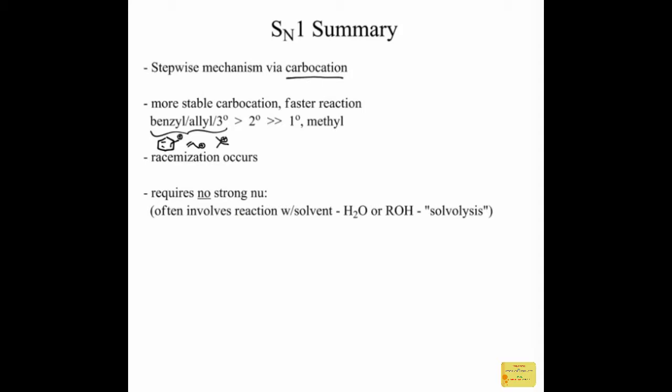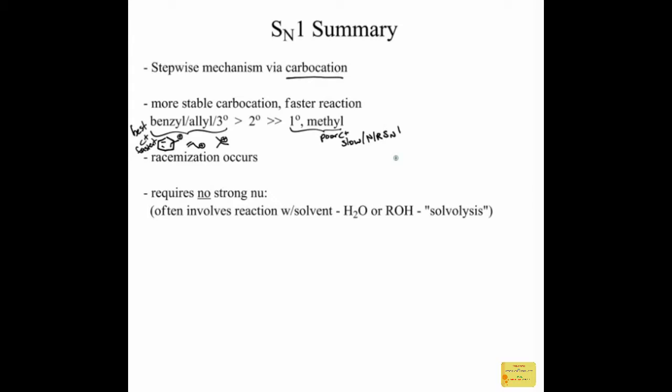So these substrates would love to do SN1s if they had a leaving group in those positions. Okay, so these would be the fastest. These are the best carbocations, fastest reaction. And primary and methyl are poor carbocations and very, very slow or even no reaction by SN1.